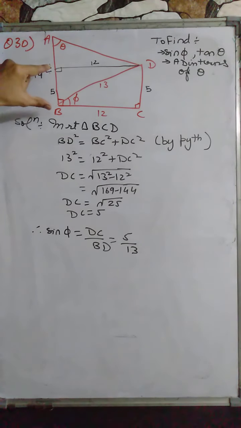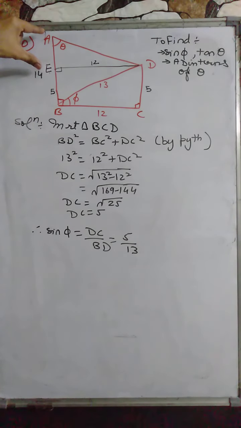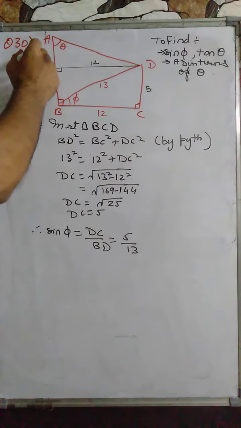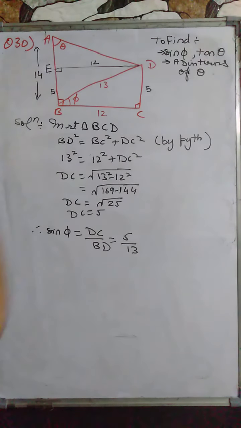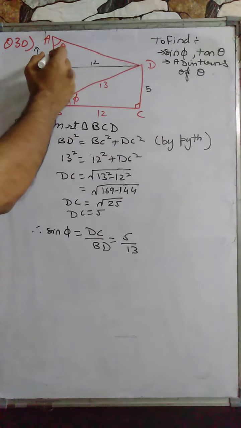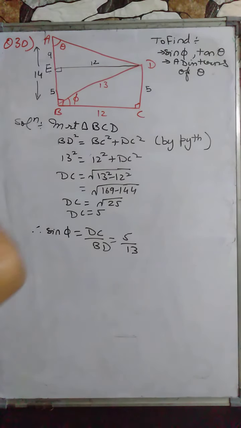Now since EB is 5, EA is 14 minus 5. This entire length is 14, and out of that EB is 5, so AE is 14 minus 5, which is 9.